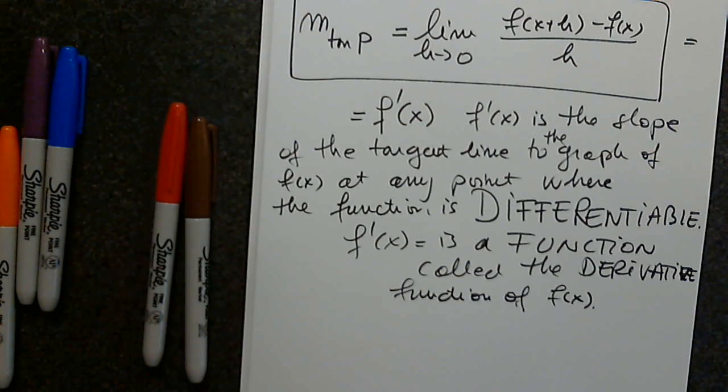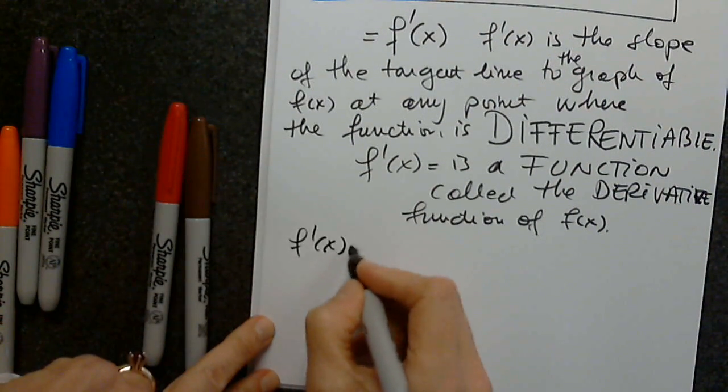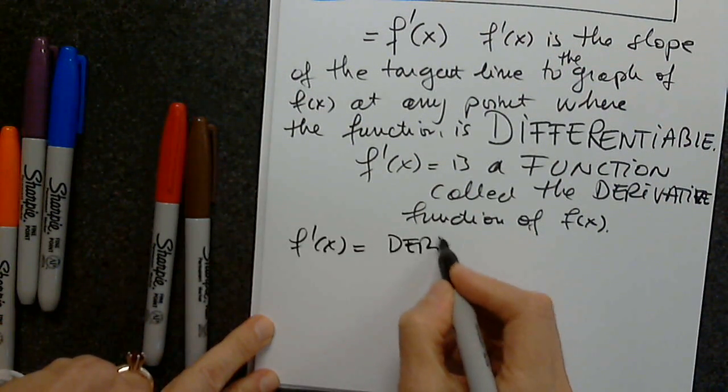So this is not only the slope of the tangent line to the graph at P, but also the rate of change of the function at P. It's also the instantaneous rate of change, the instantaneous velocity of function f of x if the function is a distance function.